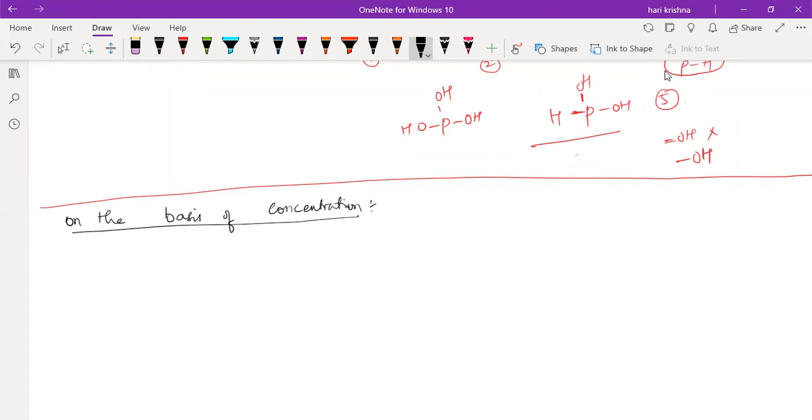Take the example like H2Cr2O7. Just do it as homework, okay? It is difficult to draw the structure actually. Just check it on the internet and you can find out. Try it first, okay, Kavya?